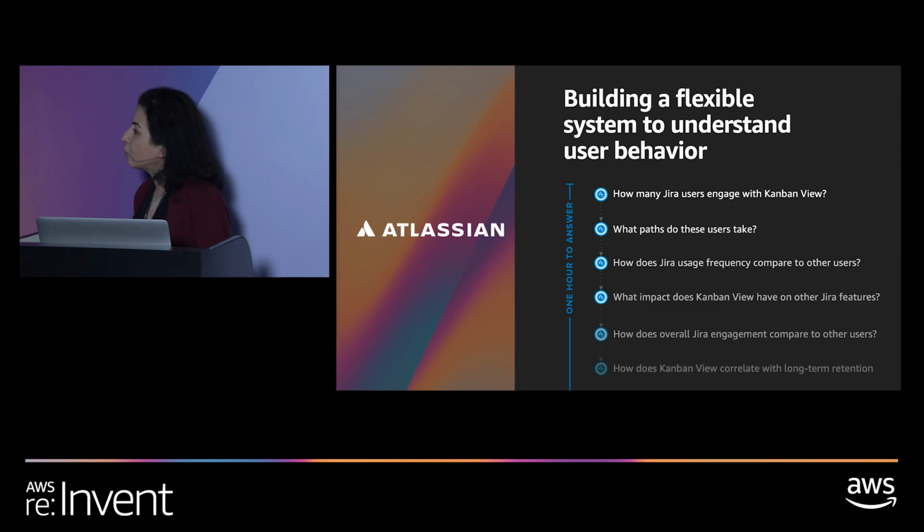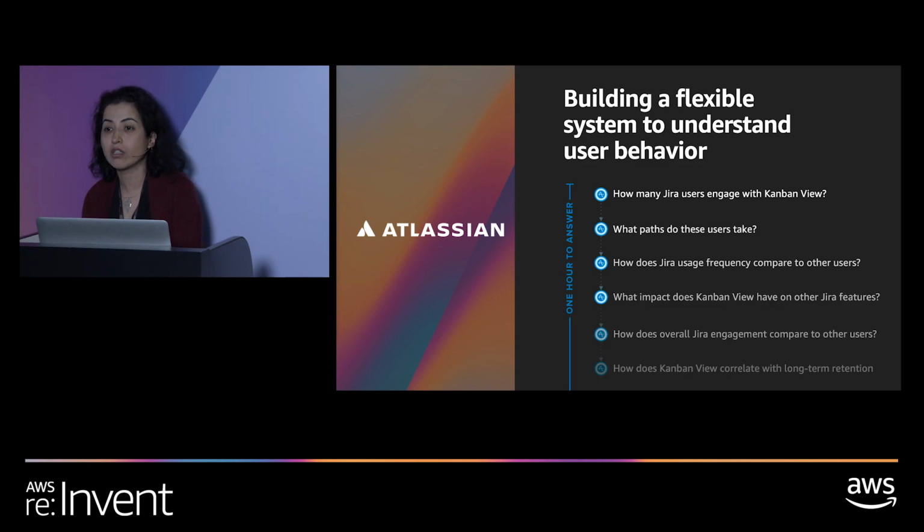So as we try to see how we can build such a solution, we first need to understand what question we need to answer. For example, Atlassian, who is a customer of ours, probably you are using if you're using Jira, they wanted to answer this question. They wanted to know how many Jira users engage with Kanban view.